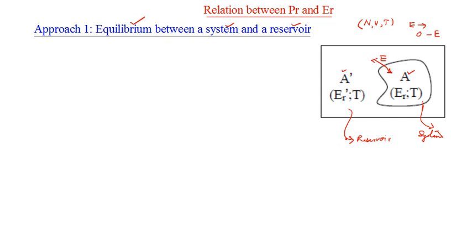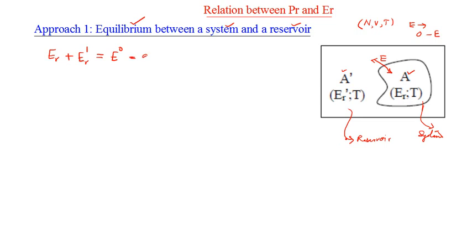So the total energy of the system and the reservoir put together: let ER be the energy of the system and ER prime be the energy of the surrounding. But see, ER plus ER prime should be equal to, say, E naught. Let's call that E naught, that is a constant.